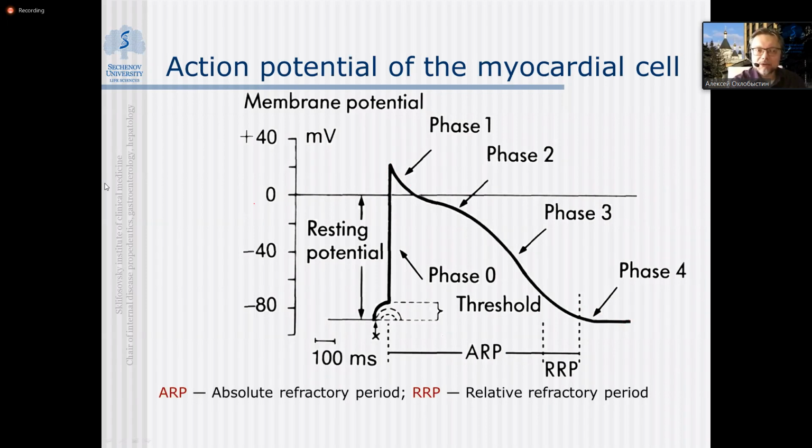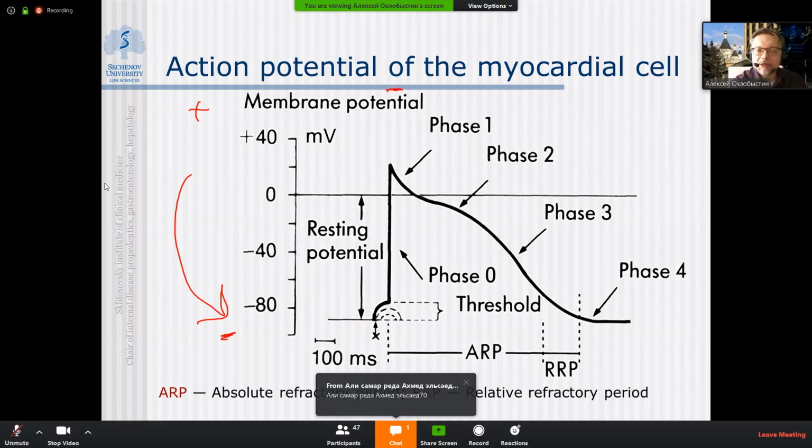But if our electrode is outside the cell, it means that the relative charge of the cell in the resting state will be positive in relation to the inside of the cell, in relation to the cytosol, and while the cell is activated, positive from inside will mean negative from outside.